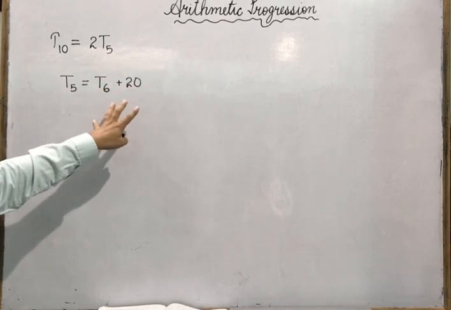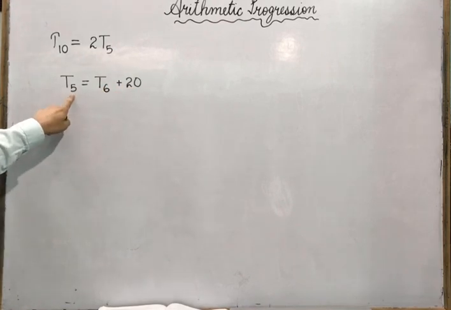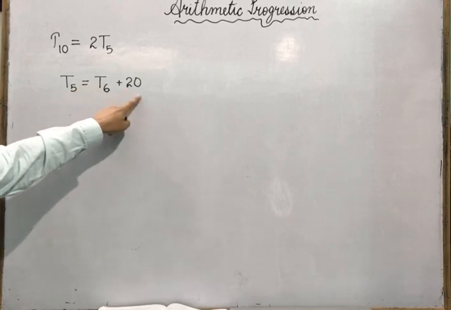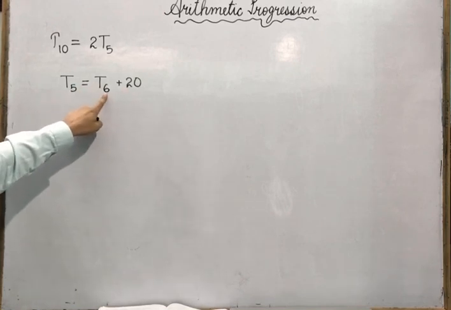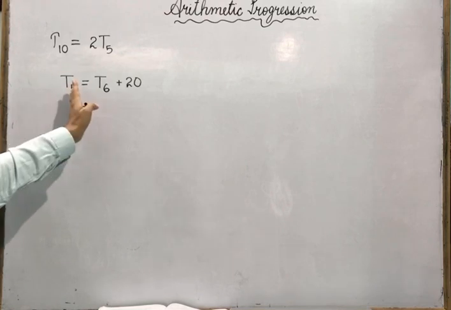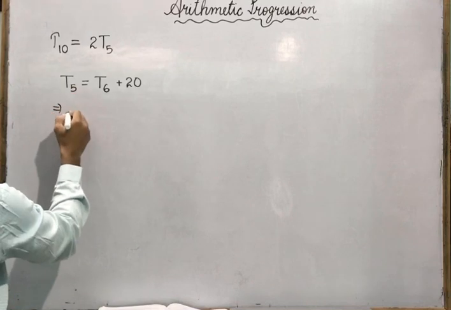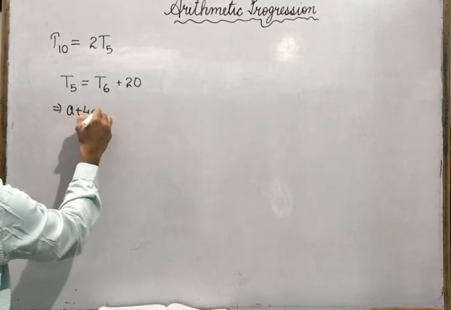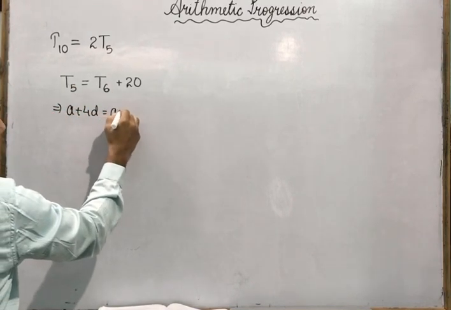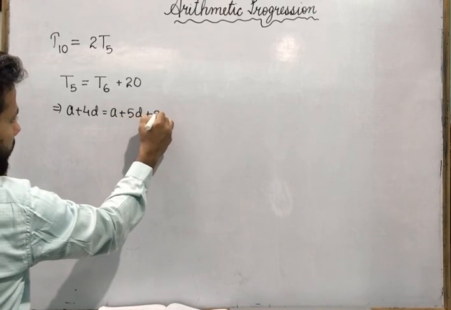Is the equation clear? Now let us evaluate it this way. How is T5 written? A plus 4D. How is T6 written? A plus 5D plus 20.